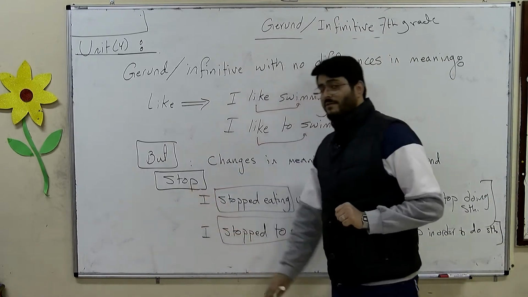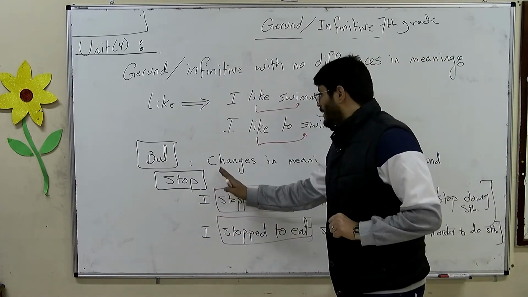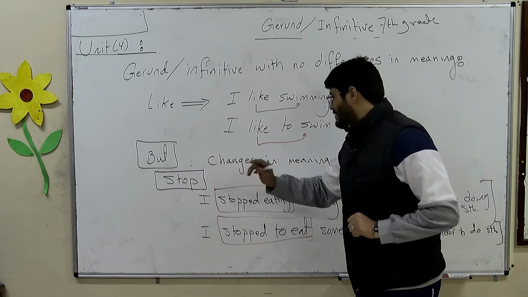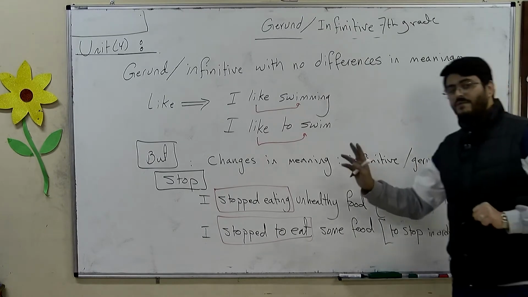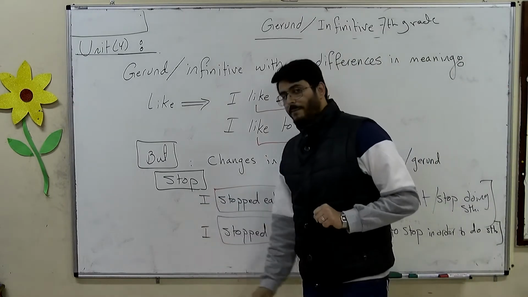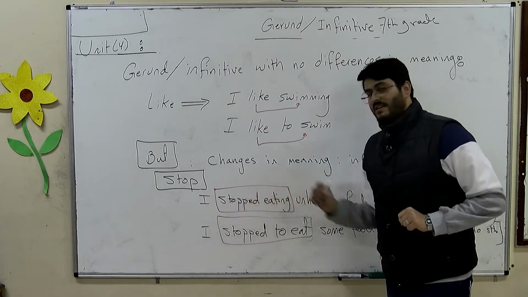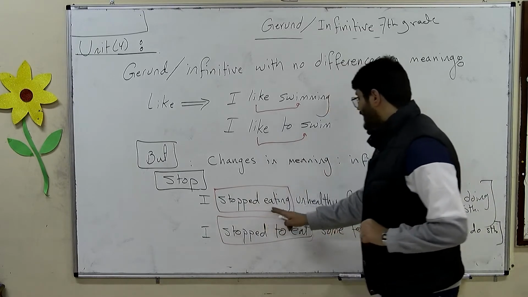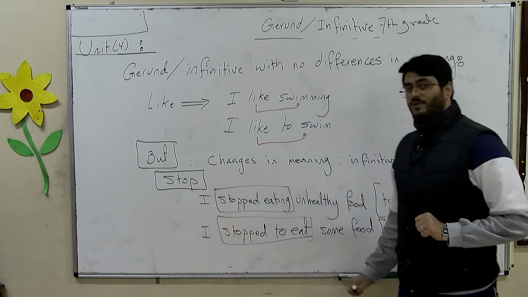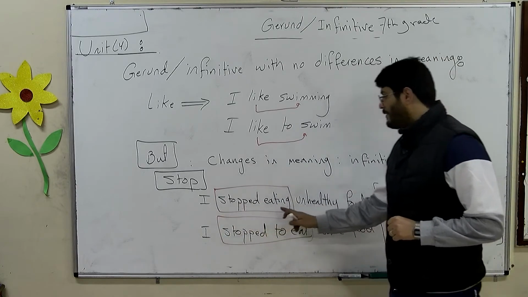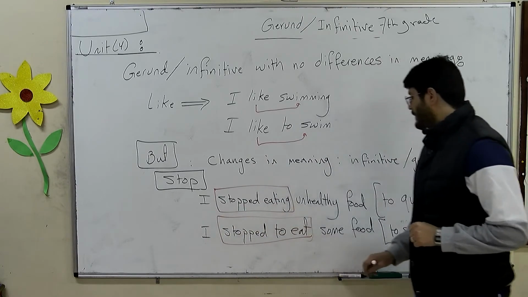But we have some verbs with changes in meaning, infinitive or gerund. One of these verbs is stop. Let's see the examples. I stopped eating unhealthy food. As you see, the verb stop is followed by gerund.